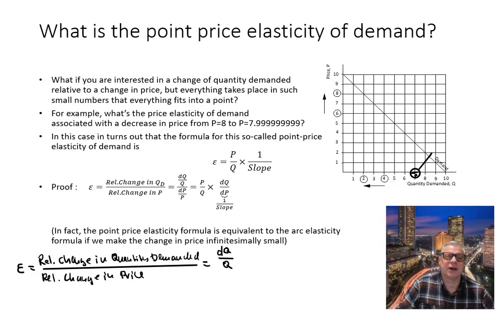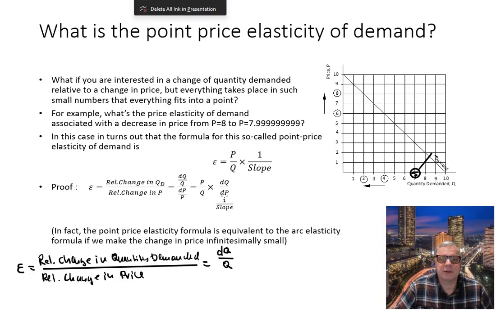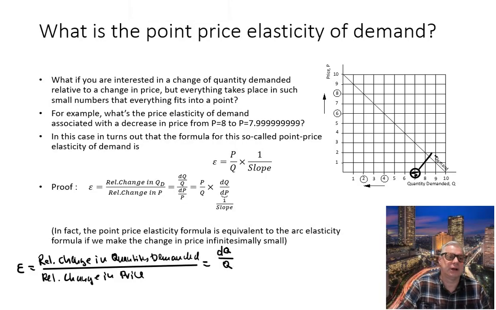So it is basically the arc elasticity, but everything is much smaller than in the arc elasticity. Everything fits over one point. That's how you have to think about it.